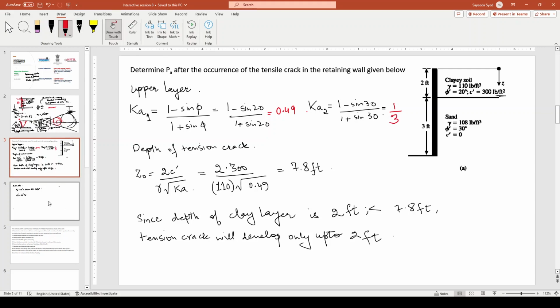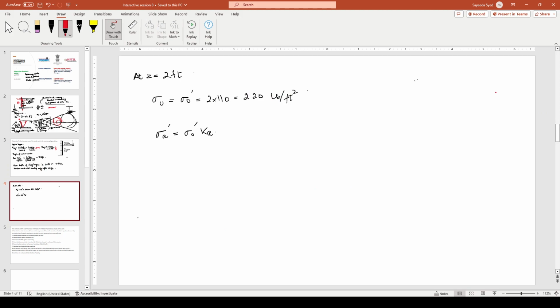Okay, so now this is our soil, and let us say, as I said, that we will replace it by a surcharge.